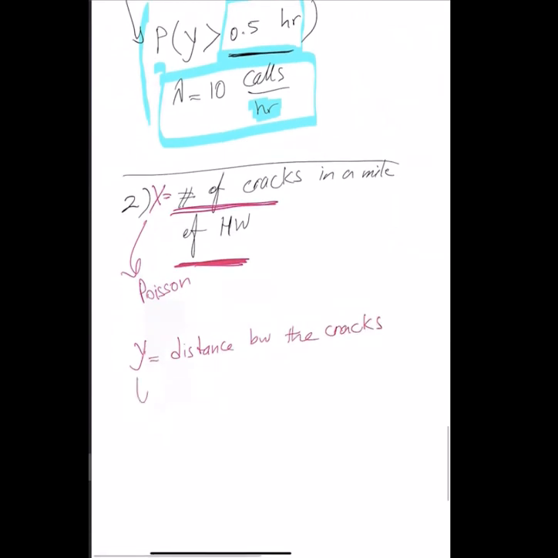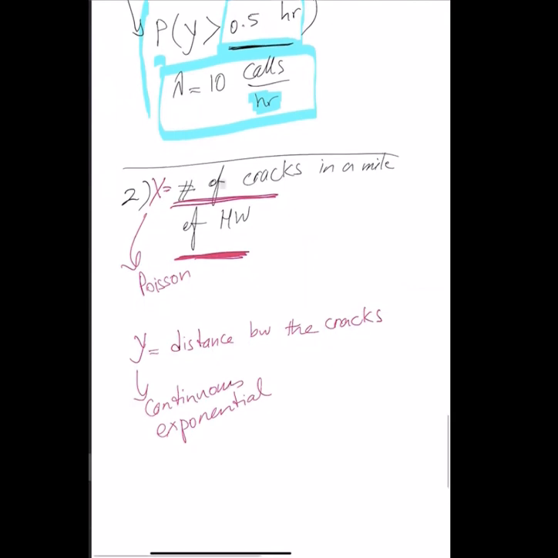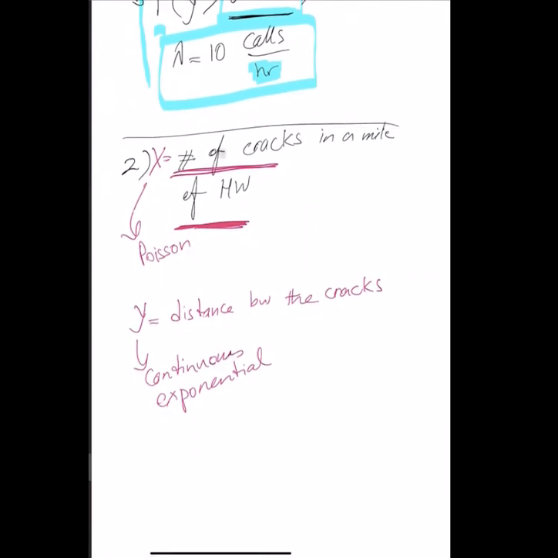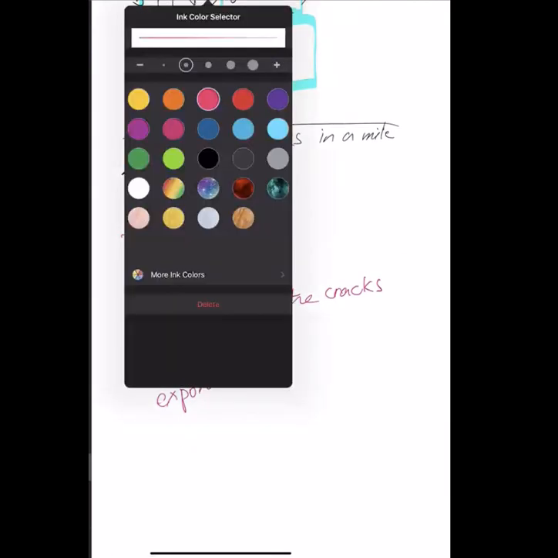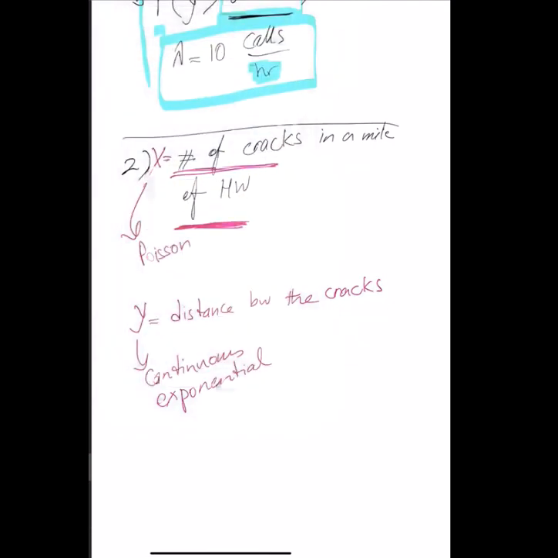That is continuous, obviously, it's distance, and that's the random variable that has exponential distribution. And the problem says that on average we have a mean of 2 cracks per mile. So your lambda is 2 cracks per mile.